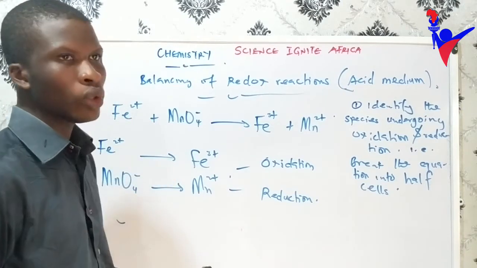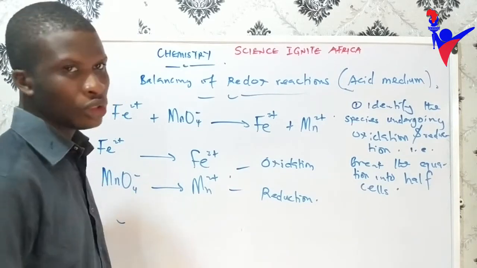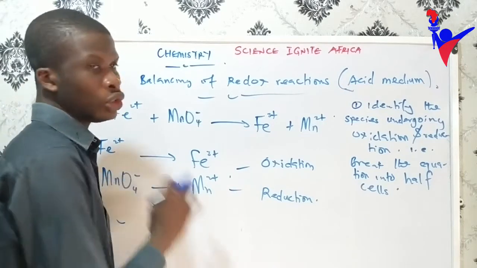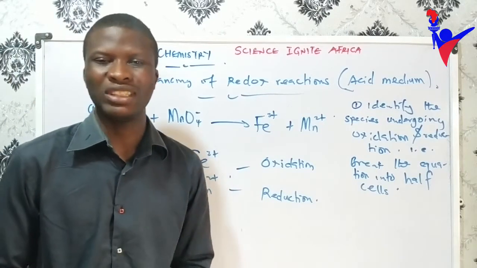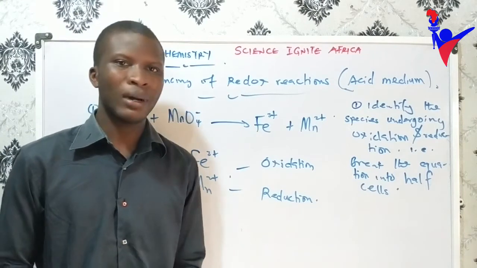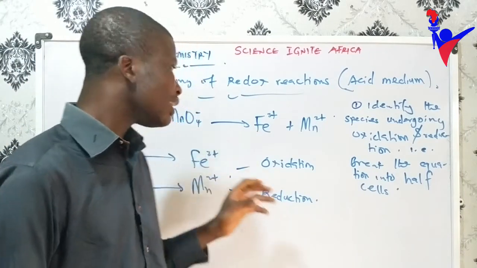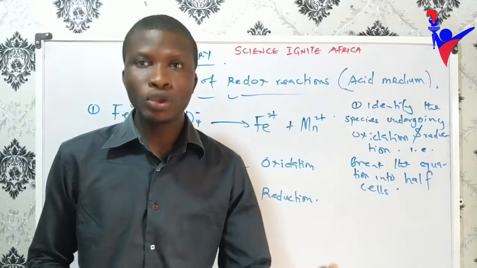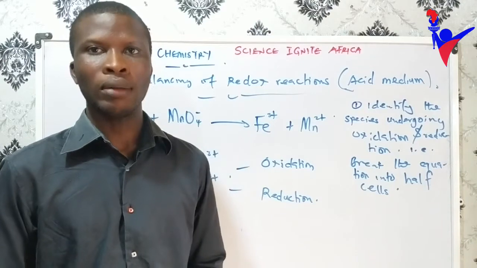The atoms you are balancing are oxygen and hydrogen majorly, and you are balancing the charge. Whenever you want to balance charge, you just balance the charge with electrons. Concerning the atoms, there are some rules that must be followed, so I'm going to make that clear to you now.